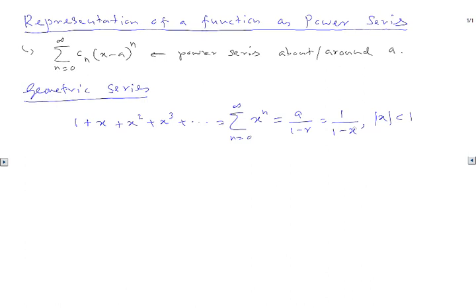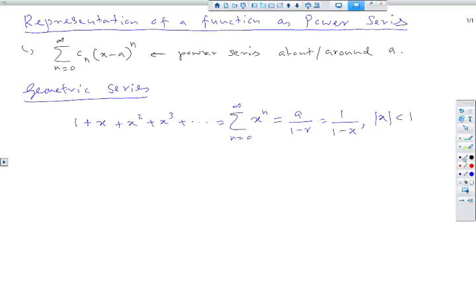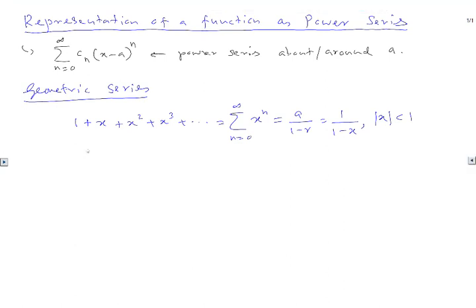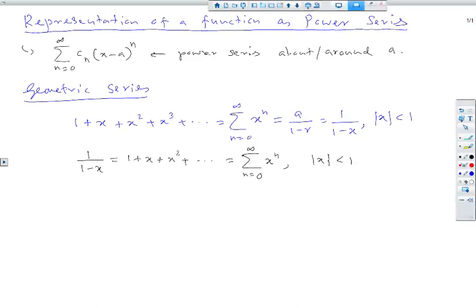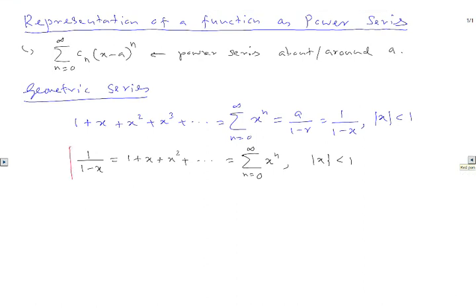For future purposes, we're going to write it backward: 1 over 1 minus x equals 1 plus x plus x squared plus, like that, which is equal to the sum from n equals 0 to infinity of x to the n, under the condition that the absolute value of x is less than 1. This is a major result, the key point for this whole section, and we're going to use it a lot.